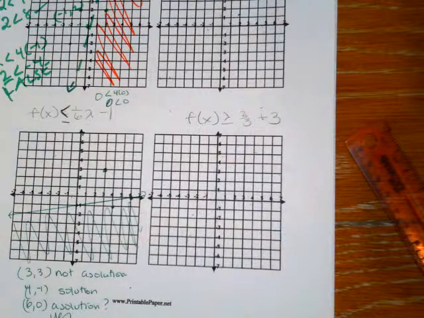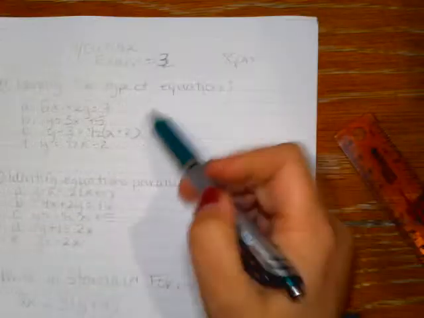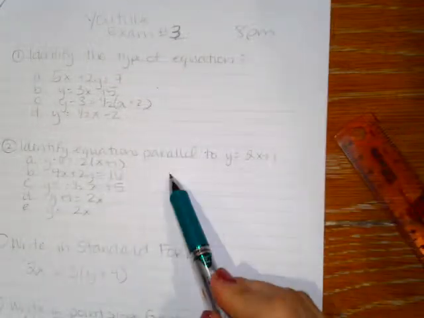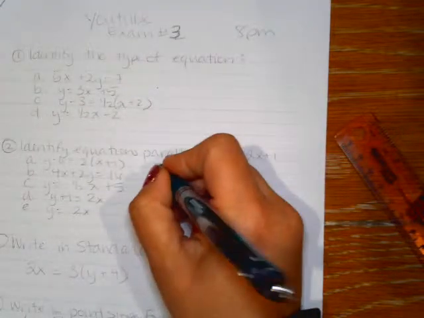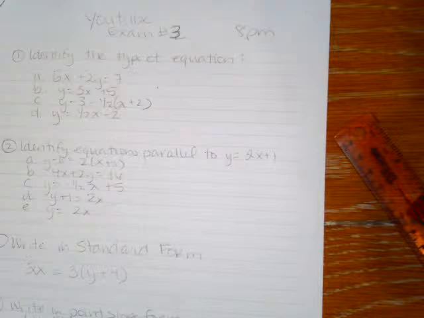All right. So tomorrow's test, you're going to see the same format as test number 2. Again, you're going to get the box with these. You're going to have to identify equations parallel or perpendicular. I don't remember which one. You're going to have to write things in standard form, converting.